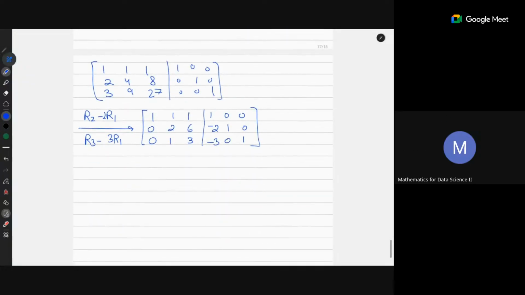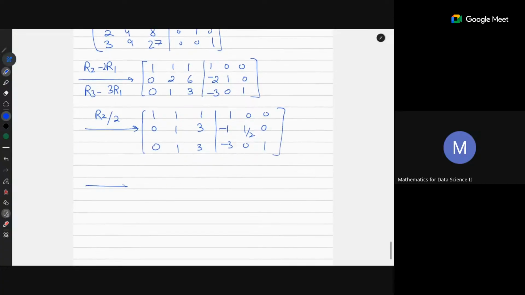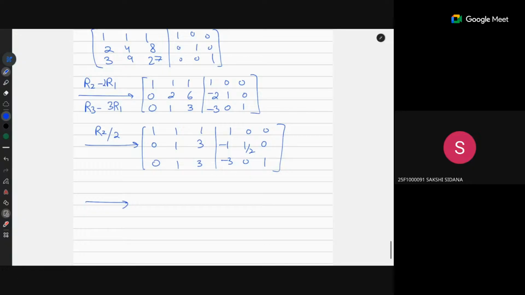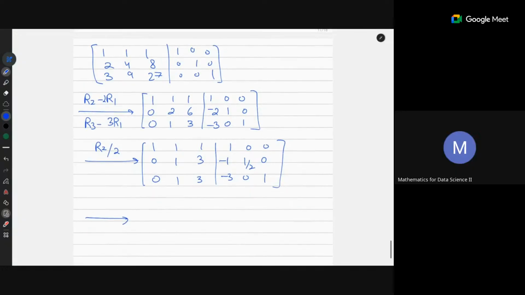Now I divide the second row by 2. Just a second. Oh, sorry, I have made a mistake over it. Sorry, so R3 minus 3R1 I'm doing.